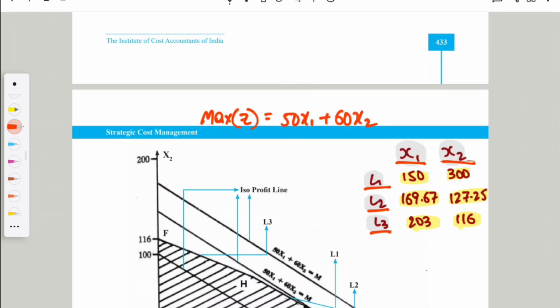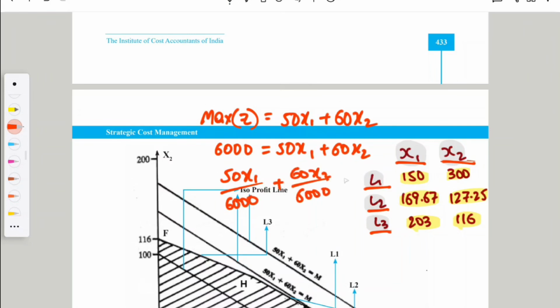This being our objective function, let me just give an arbitrary value to it. That means let's say the objective function was 6000. 50x1 plus 60x2 equals 6000, this would become our equation. We will now have to find the values of x1 and x2. So for this we will write 50x1 divided by 6000 plus 60x2 divided by 6000 is equal to 1, which is going to be, here it would become 120.